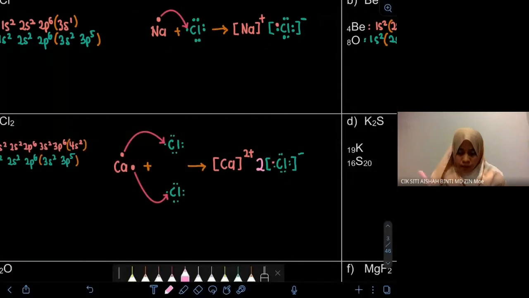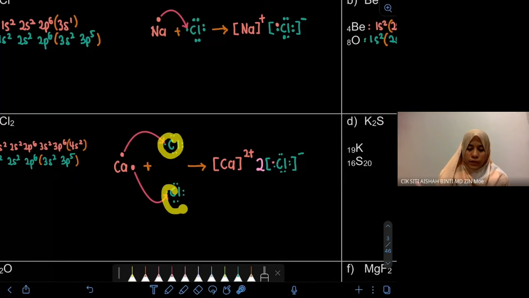So maknanya still lagi kita punya elektron tu we have to show, our atom have to show dia dah achieve octet. Lepas tu for our chlorine ni, walaupun each of the chlorine 1 je elektron achieve kan, so kita buatlah minus. Tapi to address there are 2 of our chlorine, so kita buatlah 2 in front of our chlorine ion.